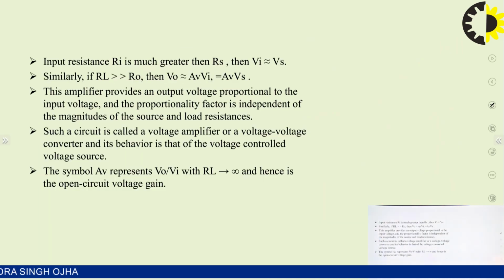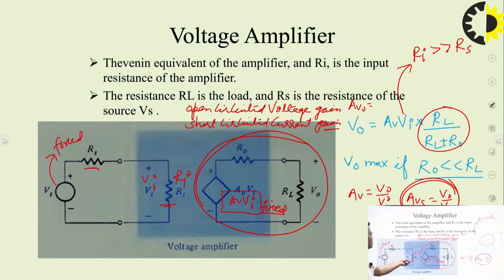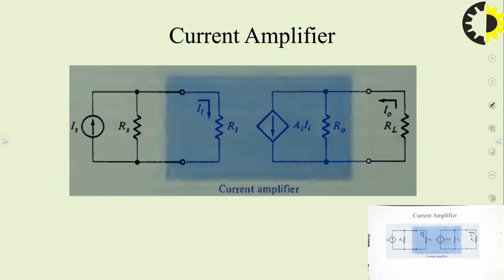This is what is written over here. So ideally Ri should be infinite, RL should be infinite, R naught should be 0, Rs should be 0.